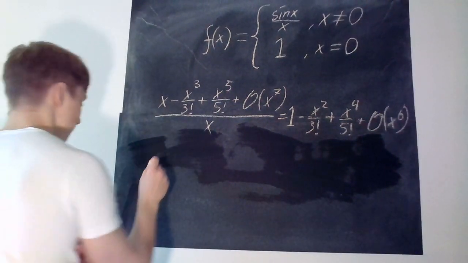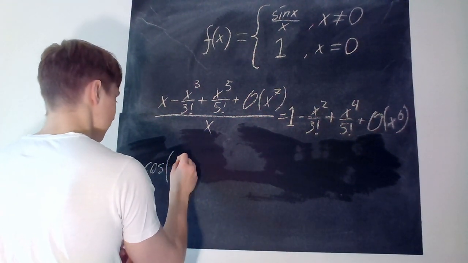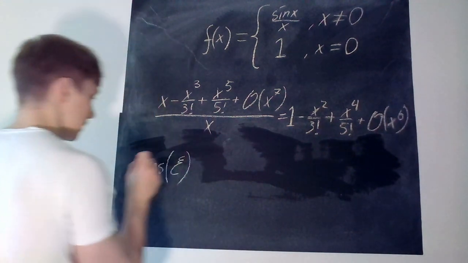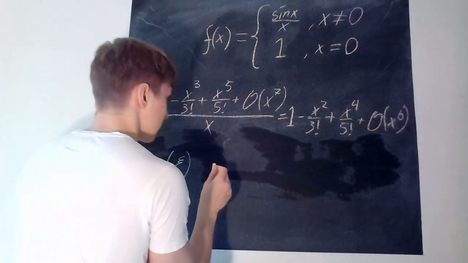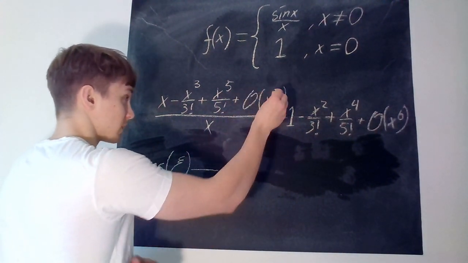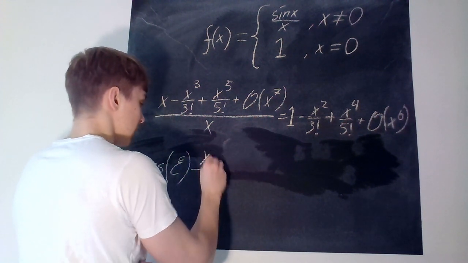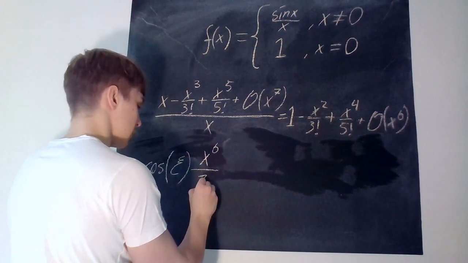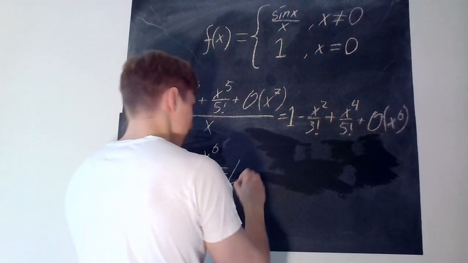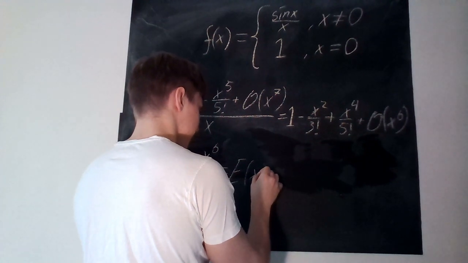So we have minus cosine of some value here, and then times x to the power of 7 divided by 7 factorial. Because we're dividing by x, we have x to the power of 6 over 7 factorial. And this is our error term, let's call it, of x.